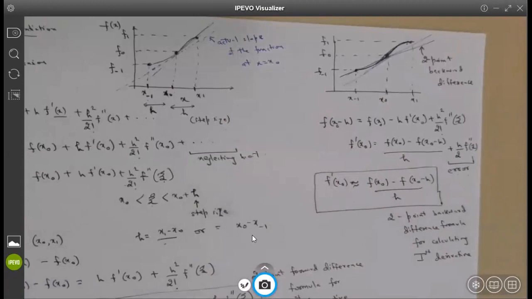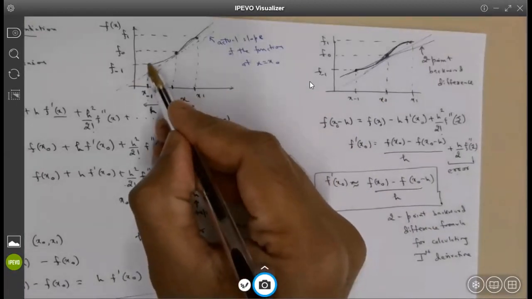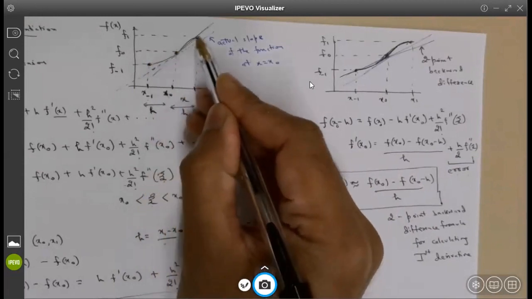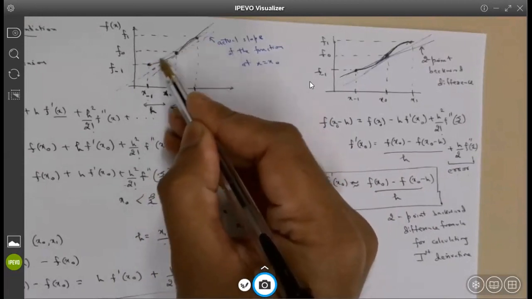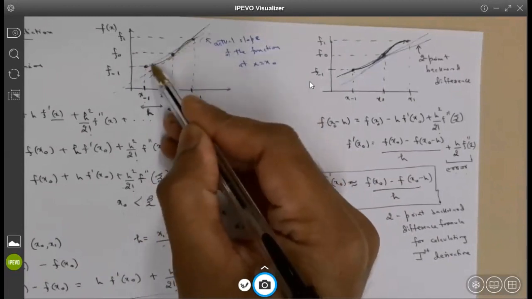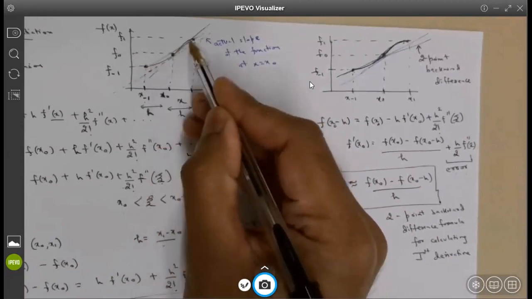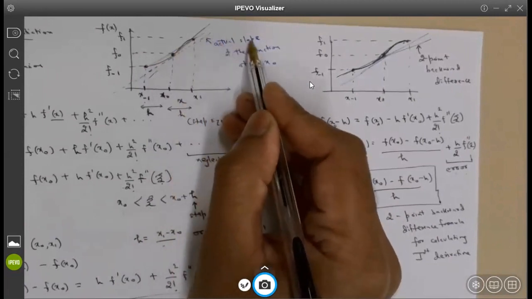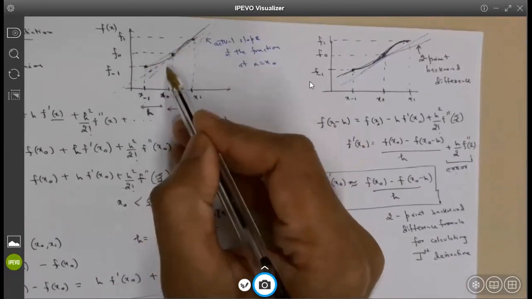Between x minus 1 and x1. Yeah. So you basically draw a line between x minus 1 and x1. So instead of using these, you draw a line between these two data points. And if you see for this given example, joining a line between these two data points is much closer to the actual slope than any of the forward and backward difference formulas.